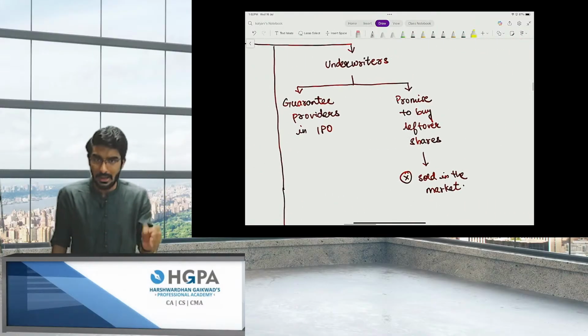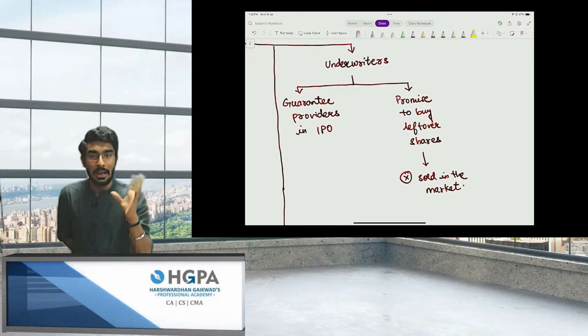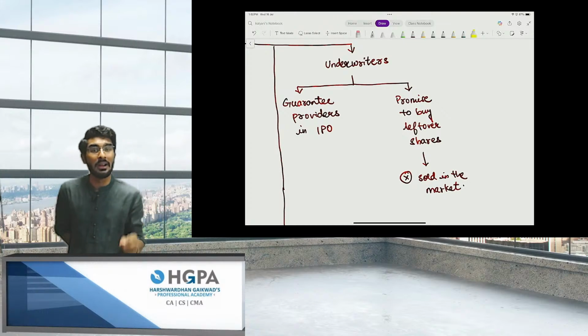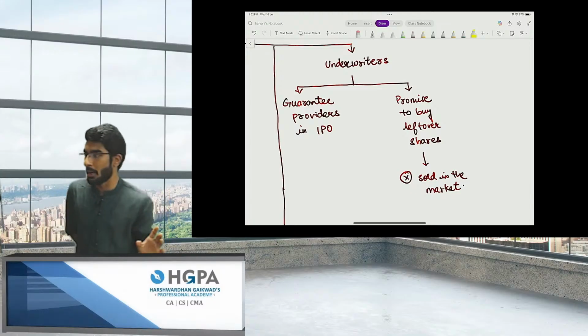Then come the underwriters. Who are they? They are the guarantors in an IPO. Which means what, people? They promise to buy the leftover shares of Zomato in an IPO process.